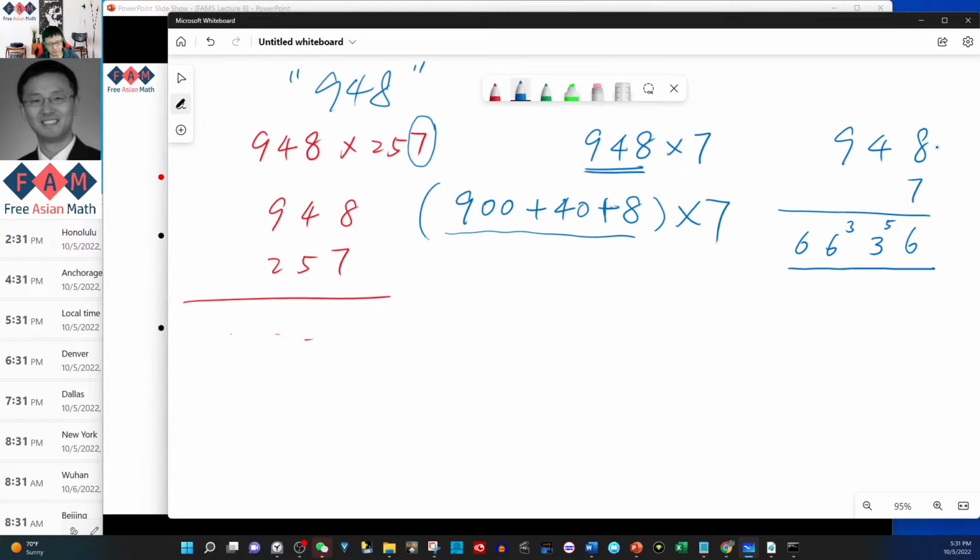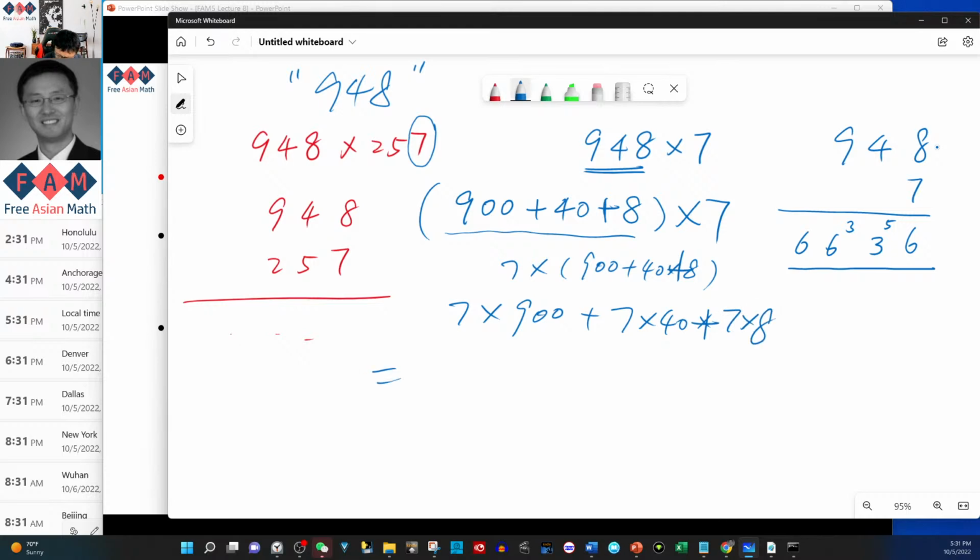Okay, because of that, we are doing this, right? By the commutative law, we can swap this, and then we can distribute it by using the distributive law. Of course, if you will, you can swap all the three sub-multiplications together by using the commutative property again.